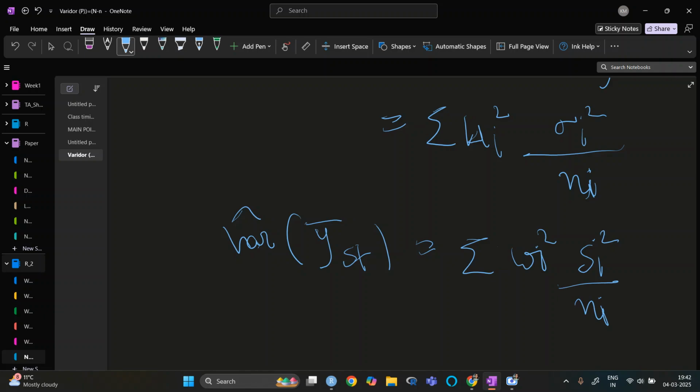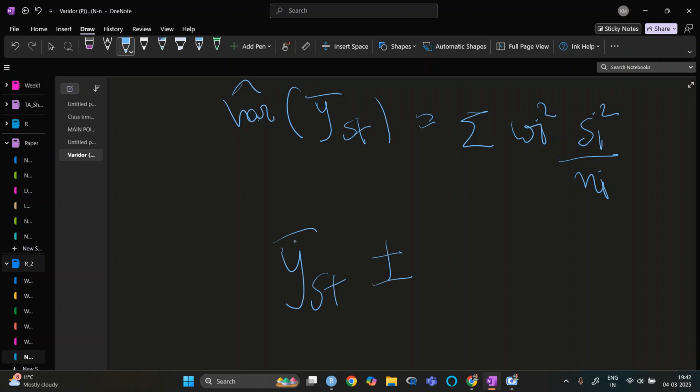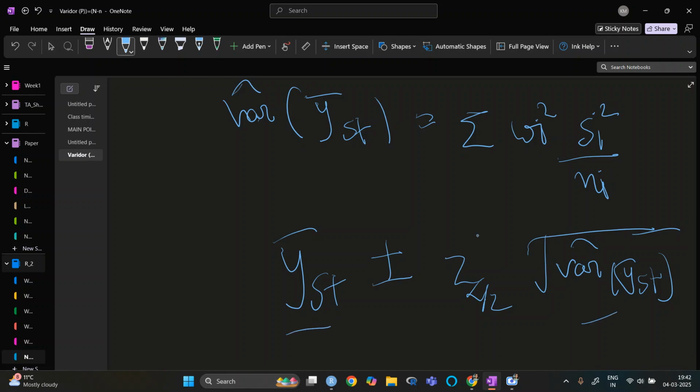Now the confidence interval is basically again the same whatever we have done till now: y bar st plus minus z alpha by 2 under root variance of y bar st. So you can see that the pattern is almost the same in each and every case. All we need to understand is what is the mean, what is the variance, and this part is also similar.